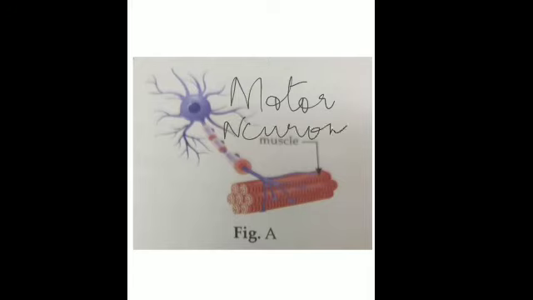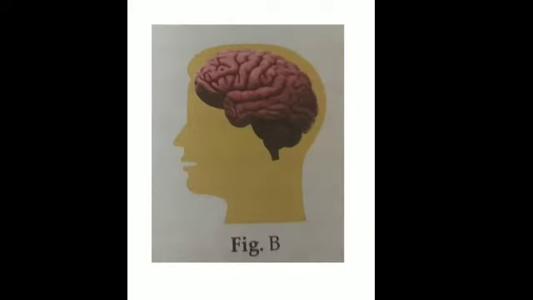Now look at the given picture B. This is figure B, and label the different parts of the human brain on the basis of the given observation. Damage to this part can lead to blindness even though eyes are working properly. Just because what part is controlled by this? That is, sense organs are controlled by the cerebrum. So this is the cerebrum.